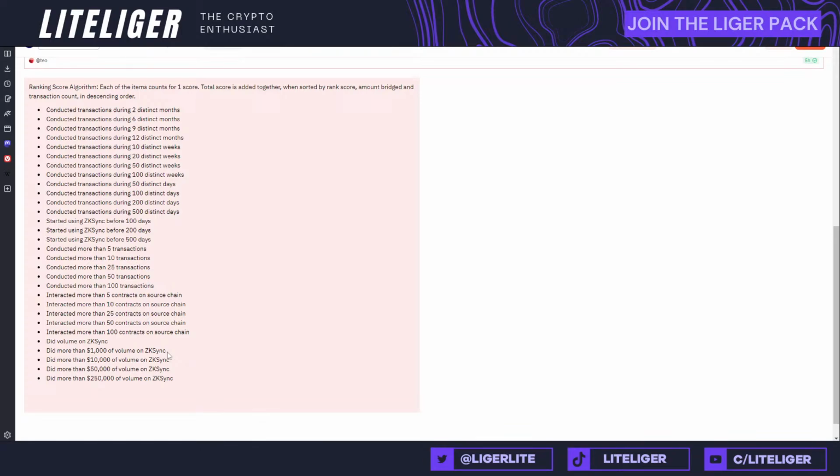Traded volume is not a super popular metric because there are many different DEXes and not all of them are run by the main team. So usually it's the amount of transactions, the amount of weeks and months, and then maybe how many times you bridged. I don't usually do many bridgings unless I really need to add more money into a certain DApp.